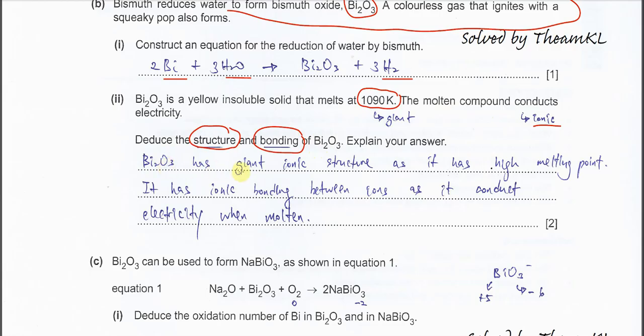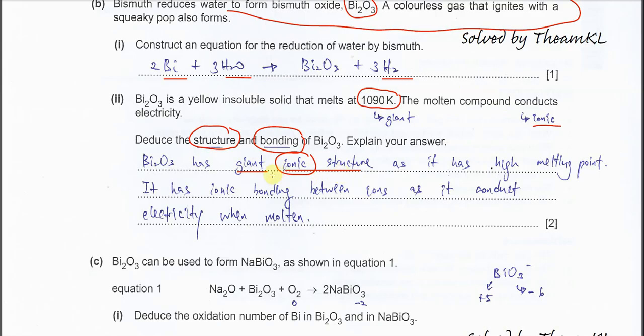Bismuth oxide has a giant ionic structure. Because for giant, we have giant ionic, giant metallic, and giant molecular or giant covalent. So in this one, because it's telling you it has cations and anions, it must be a giant ionic structure.